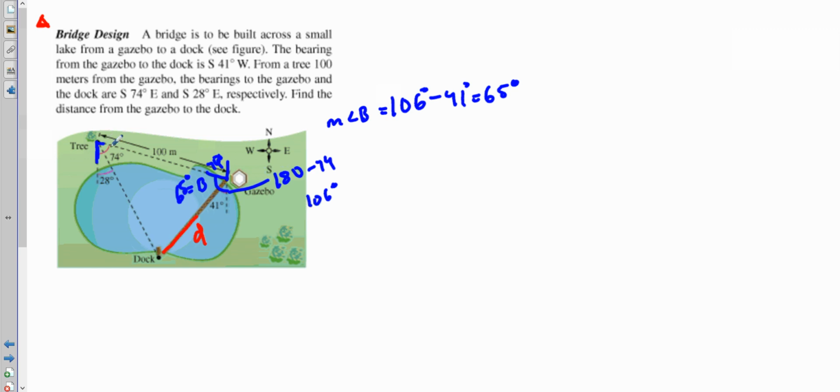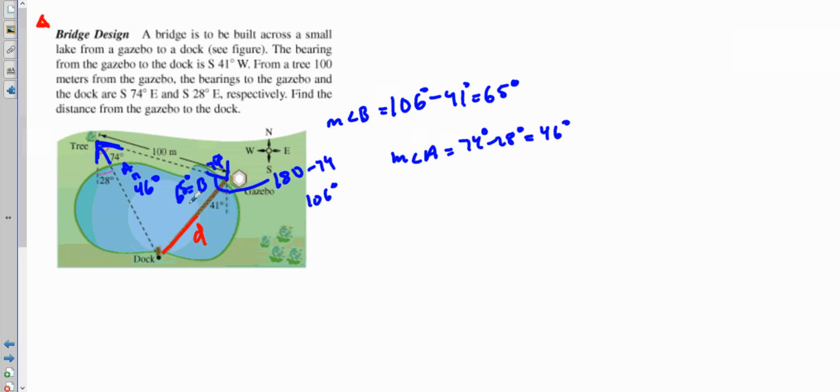This angle right here, we'll call this angle A. The measure of angle A is going to equal 74 minus 28 degrees. Doing a little geometry here, that equals 46 degrees. So this angle A inside is 46 degrees.